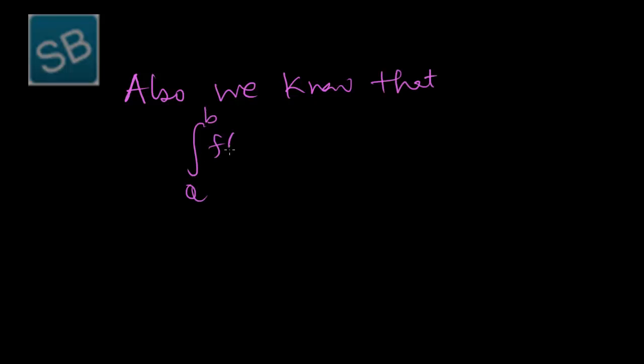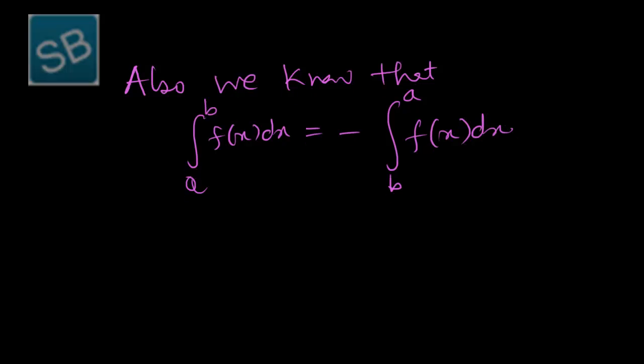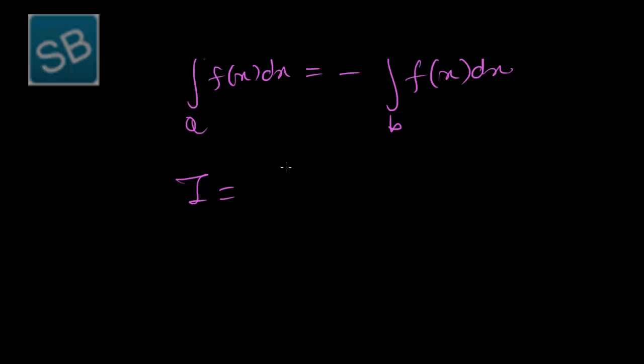Also we know that integral a to b f of x dx is equal to minus integral b to a f of x dx. So using this rule we will get I is equal to integral 0 to a f of a minus t dt.